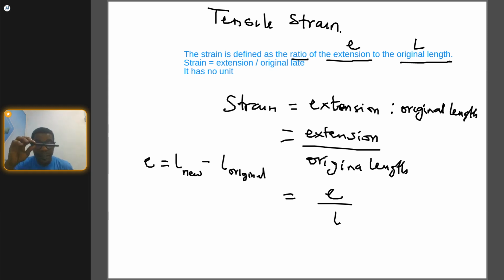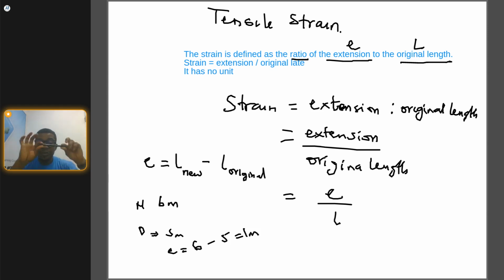So to get the extension, I take the new length after the tensile force has been applied to this wire. Let's say the new length is 6 meters and the original length is 5 meters. That implies that the extension is 6 minus 5, which is equal to 1 meter.